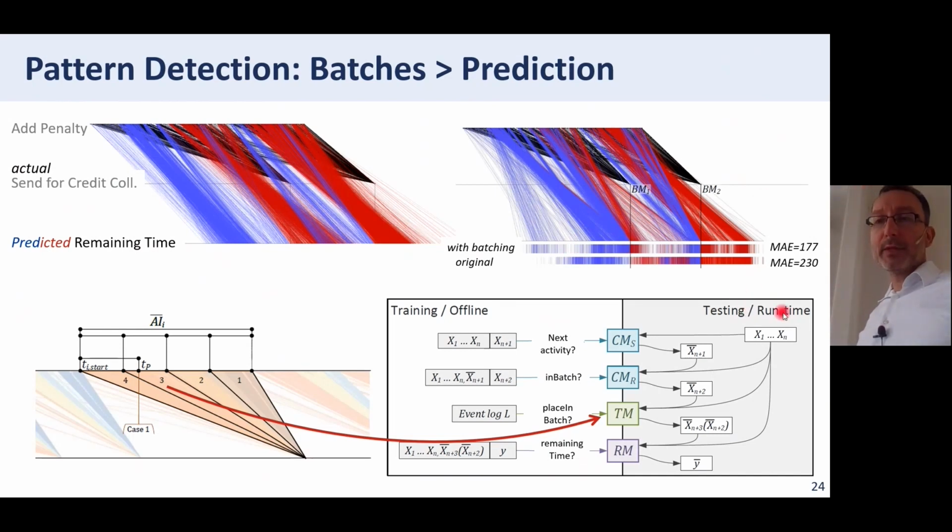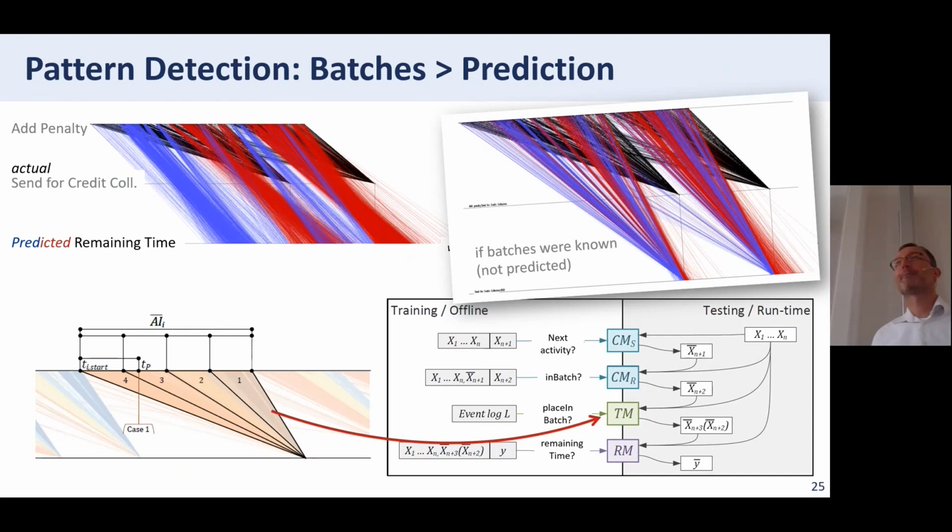So the absolute error goes down from 230 to 177. It's not great, but it shows a bit. And the predictions are closer to the actual batching points. If we would have perfect knowledge of the batches, right, here we're estimating the batches from historic data, but if we would have perfect knowledge of the batches, this is how this would look. So if you can analyze, you can check, are my models doing any good? So it can help.